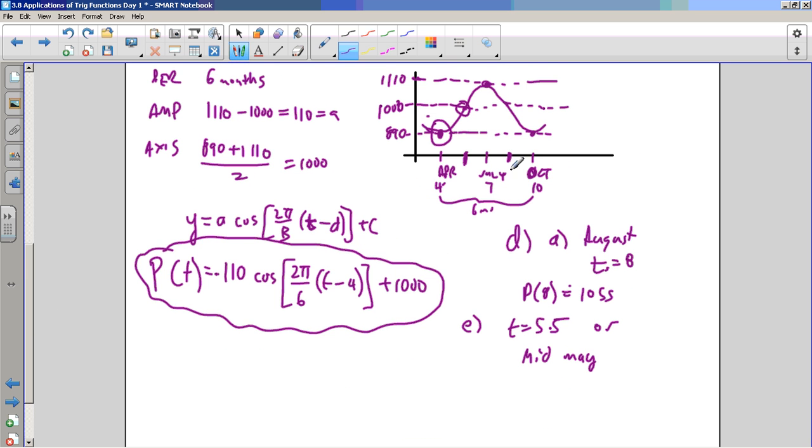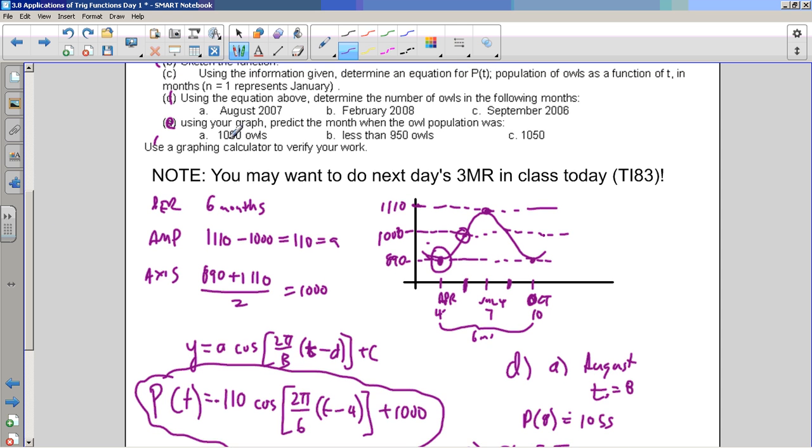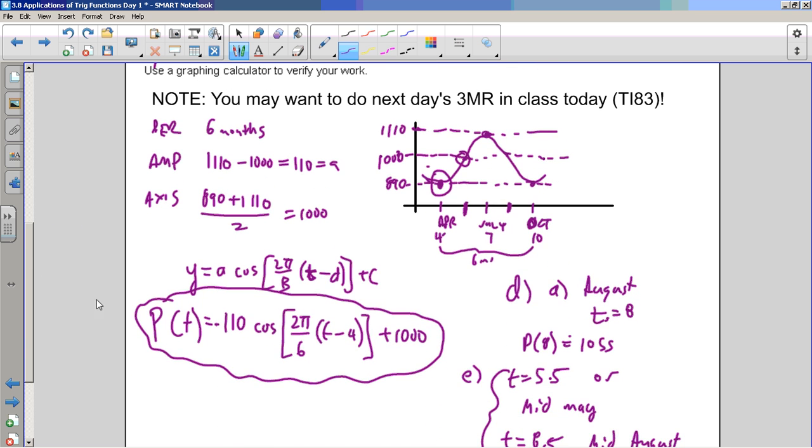And also right here, 1.5 months from July, t equals 8.5, which is mid-August. That makes sense. Early in August, August 1st, it was above 1,000, and then it's going downhill. The instantaneous rate of change is negative. The population is decreasing, and then by mid-August, it's at 1,000. And this is the answer for part E.